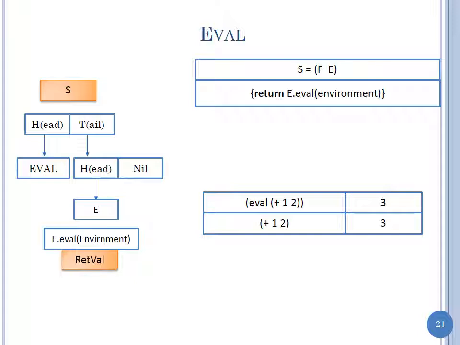Okay? And that'll return 3. So why have this apparently confusing eval function given to the user when the system automatically evaluates it when you type an expression? Plus will do the evaluation, so why do we have to go and do it recursively at one more level?